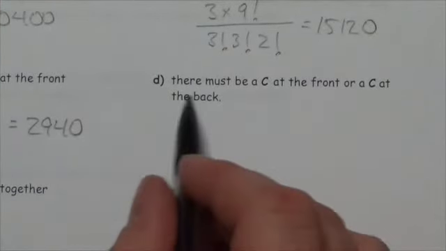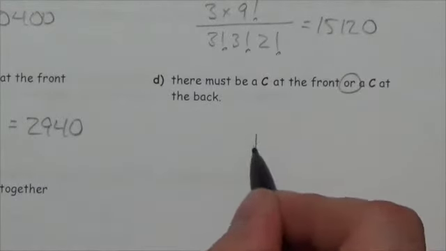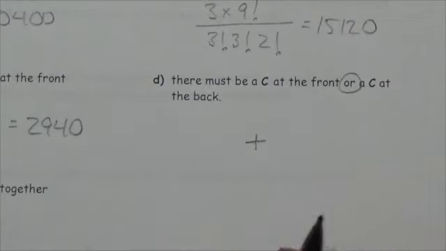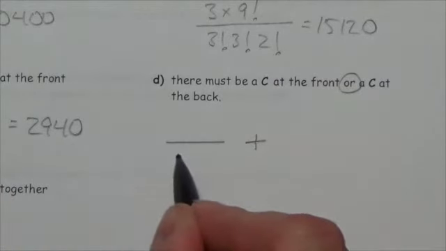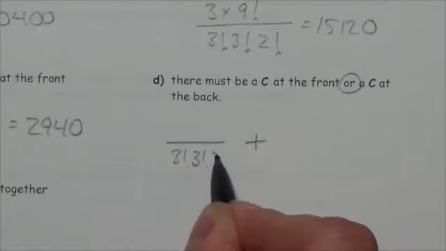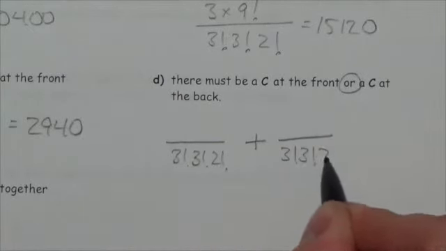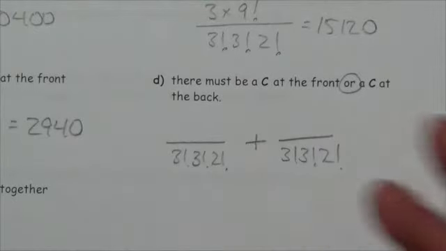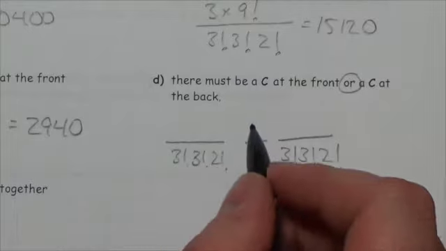Okay, there must be a C at the front, or, okay, or means addition, a C at the back. Okay, now I'm going to do this in 2 different ways here, but either way I've still got the repetition of those letters to deal with here. Now in the first case, I'm going to put a C at the front.